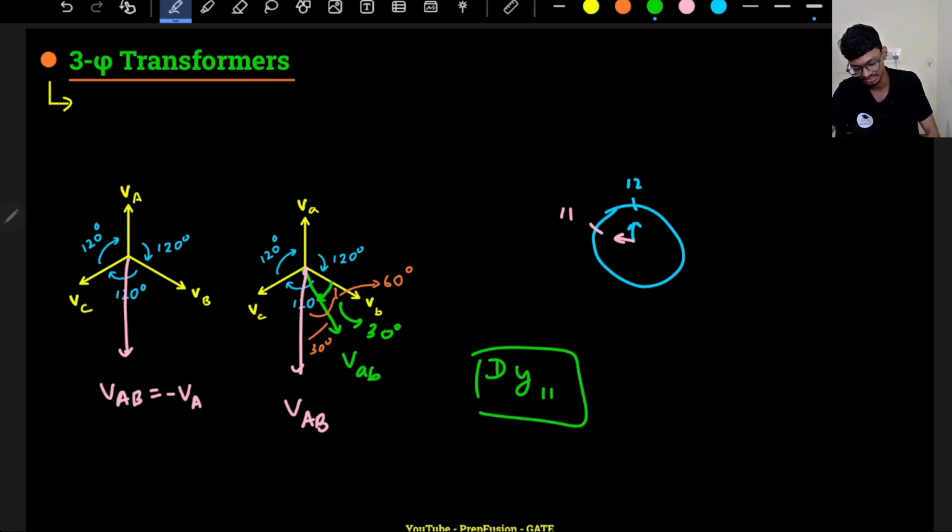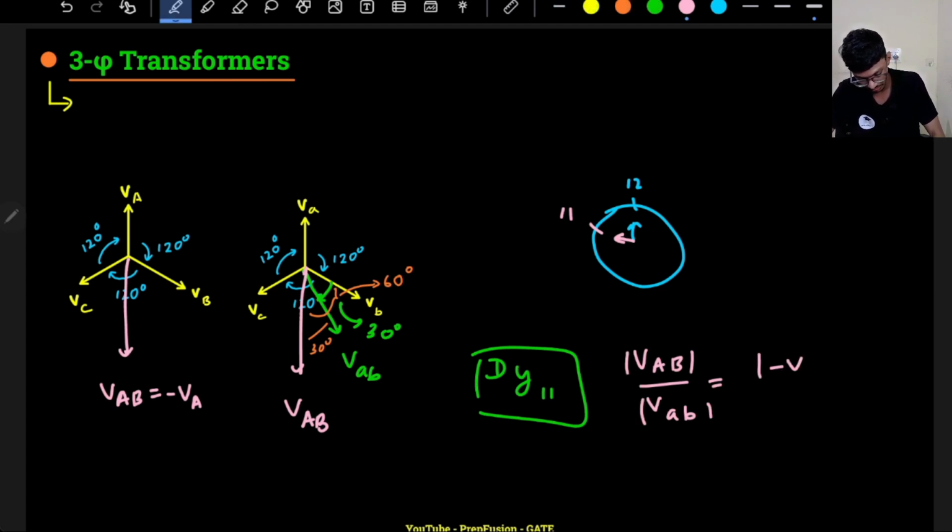And voltage ratio is again very simple. It is equal to capital VAB divided by small VAB. I'm only comparing the magnitude.